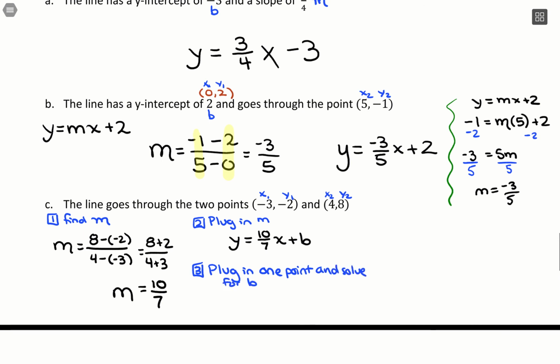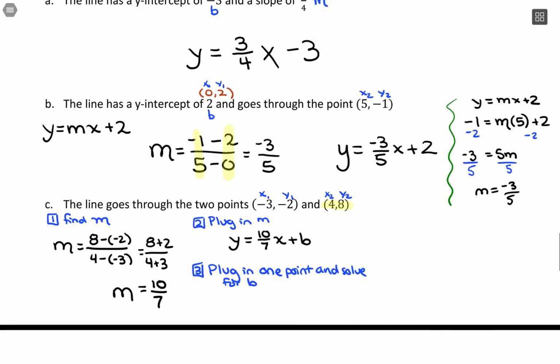You can use either coordinate, both will give you the same solution. I'm going to go with (4, 8). My only inclination to use that number is to solve with positive numbers, and positive numbers just tend to be easier to handle. But again, it doesn't matter.